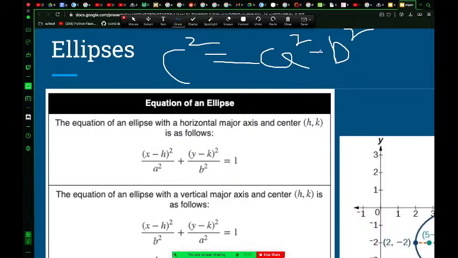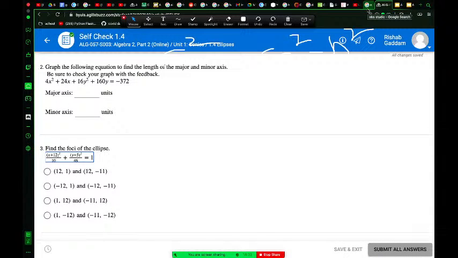This is obviously derived from the Pythagorean theorem, but it's different. A squared minus B squared is equal to C squared, and that's how you get the value for C squared. With this value of C, you're supposed to subtract it from and add it to the K, and that's how you find the coordinates for the two foci points. Okay? So yeah, that's how you do it.